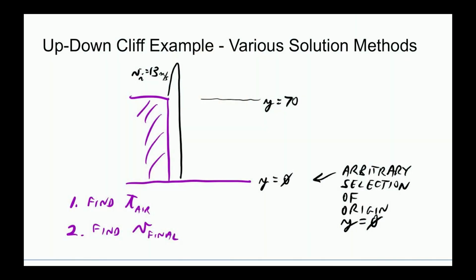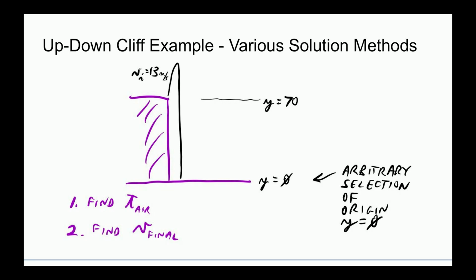In your class, you're probably allowed to use a calculator to solve quadratic equations, so you don't have to use the quadratic formula that you learned in algebra and do all those extra calculations. Okay, so for this problem, you can arbitrarily set up your coordinate system. I chose y equals 0 to be ground level. You might have chosen something else. And we're being asked to find the total time in air and the final velocity.